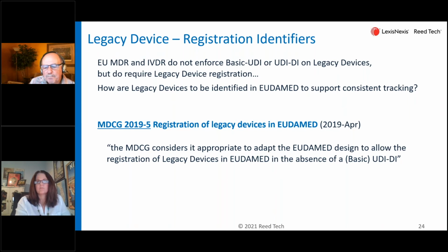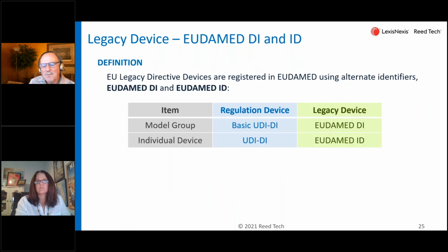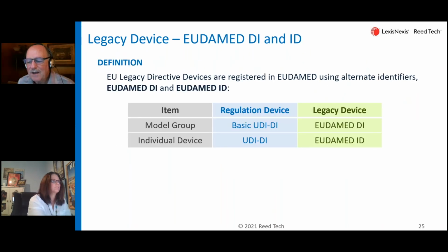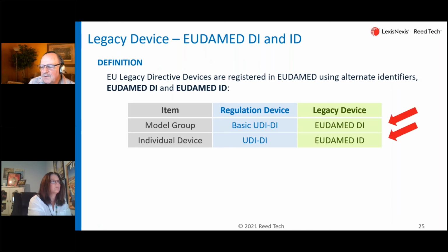The way this actually occurred is they created 2 new identifiers, and these 2 new identifiers are strictly only for legacy devices. They came up with the names EUDAMED DI, which would be an alternative for a basic UDI-DI, and EUDAMED ID, which is the legacy equivalent of a UDI-DI.